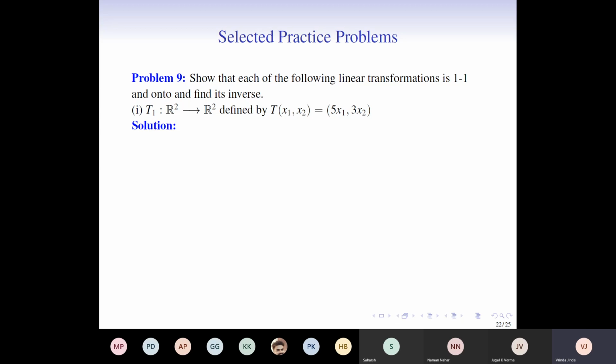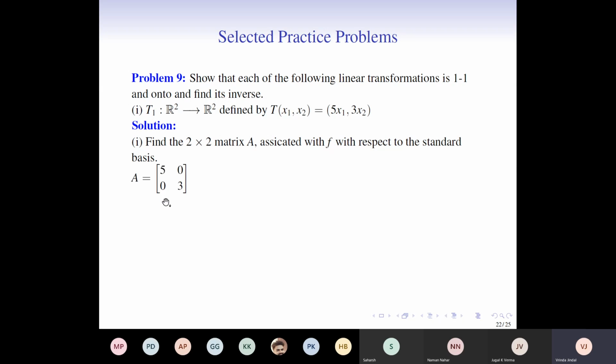So the first is an R2 to R2 transformation defined as T of (x1, x2) equal to (5x1, 3x2). Again, as we have done in previous problems, we find the matrix that is associated with T1.